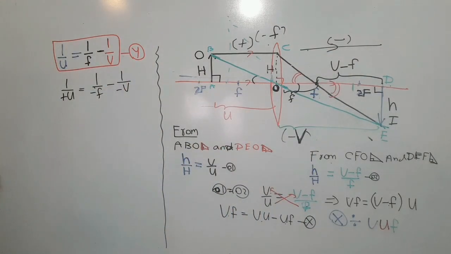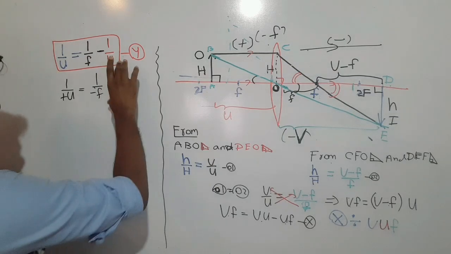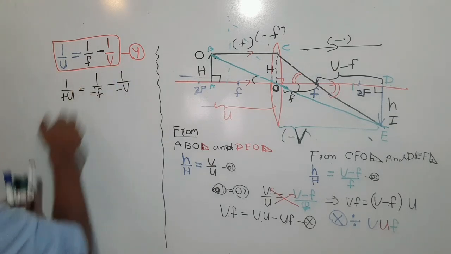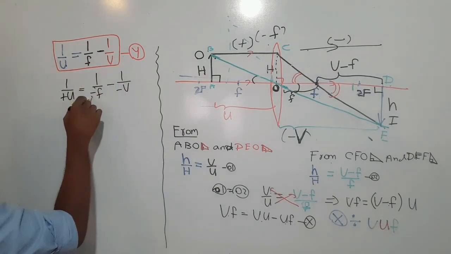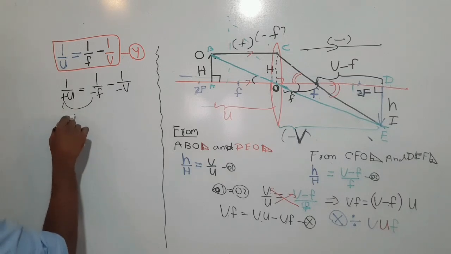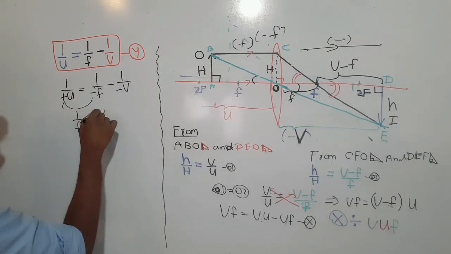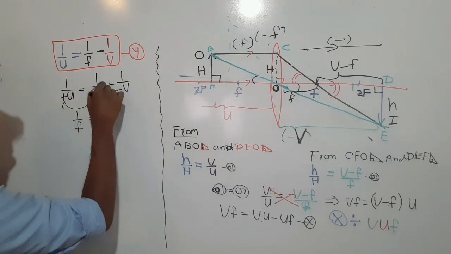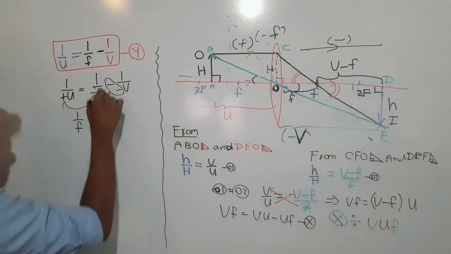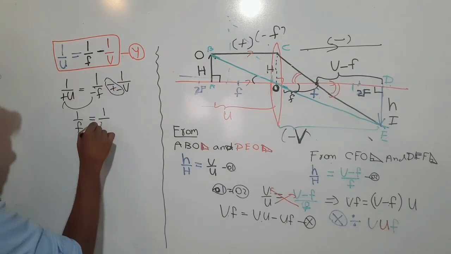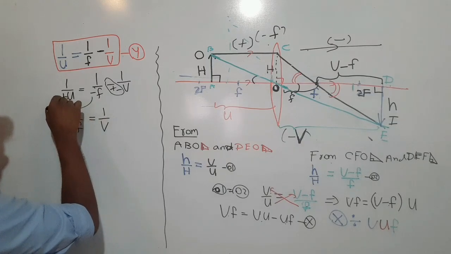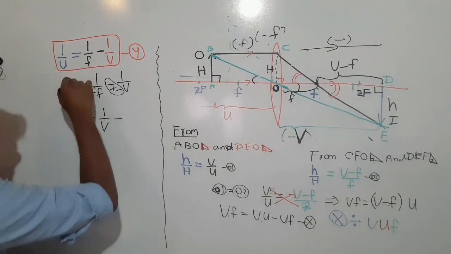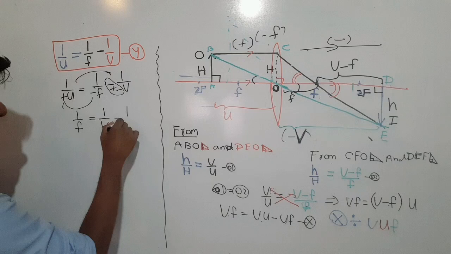Now you can say it became positive on this side. You can move this one to the other side. So the equation becomes 1 over f equals 1 over positive v. This minus and minus becomes plus here. So plus 1 over u, when it reaches the other side, becomes 1 over v.